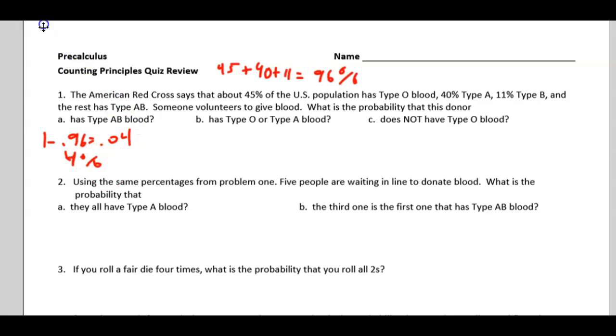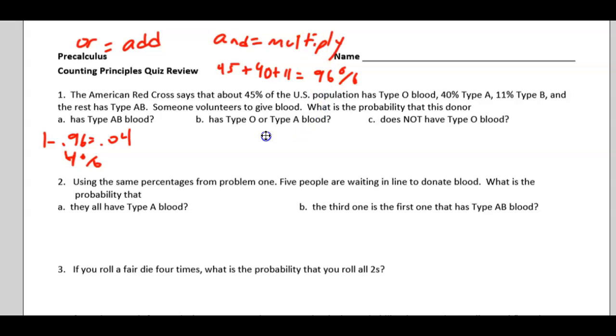Now, part B says, what is the probability that they have type O or type A? Now, there's that key word, guys: or. Whenever you see or, we add. Or means add, and means multiply.